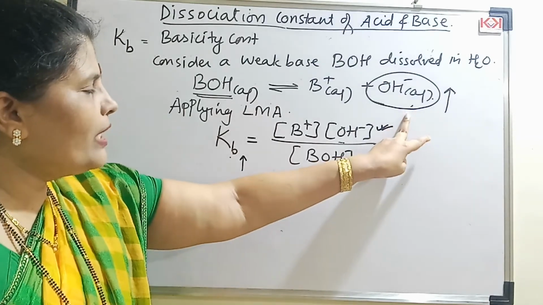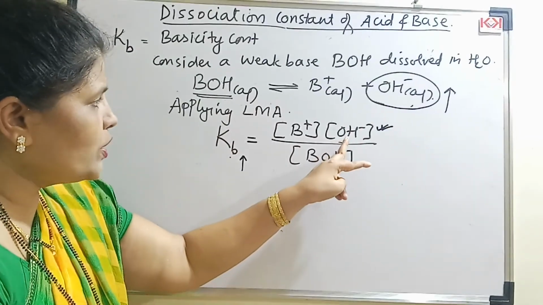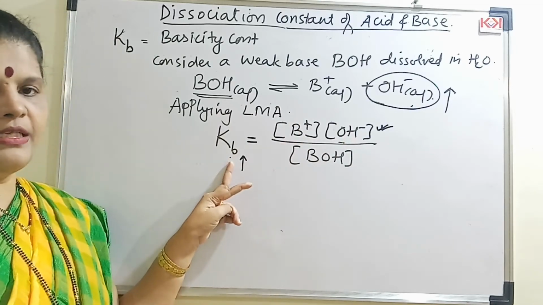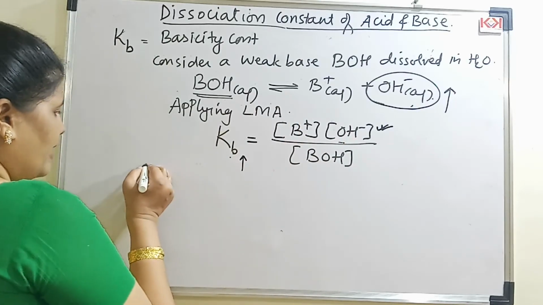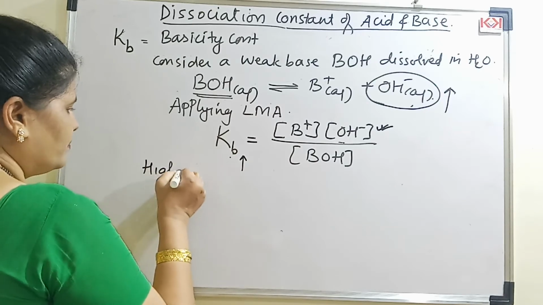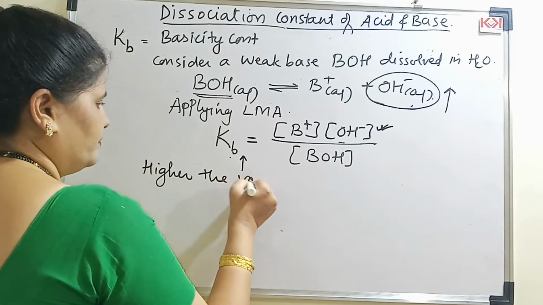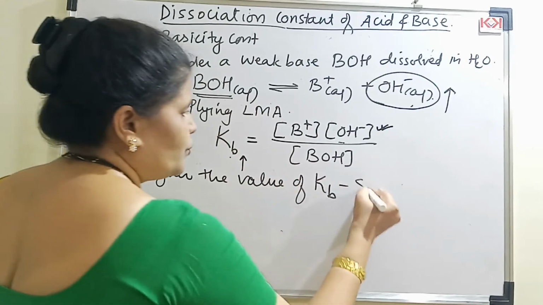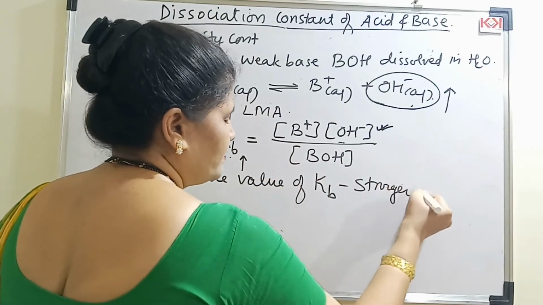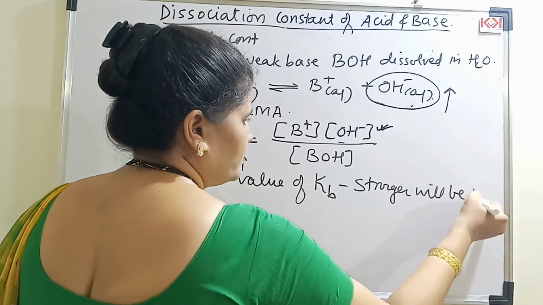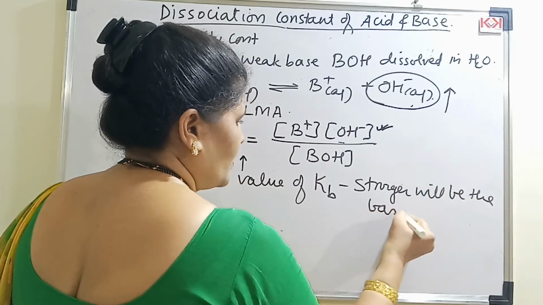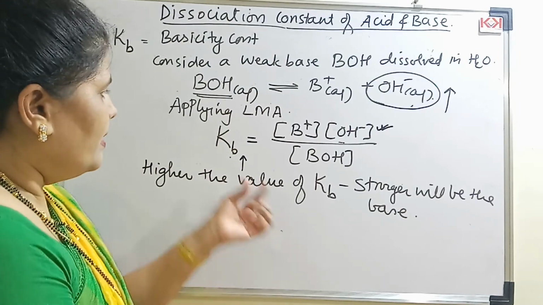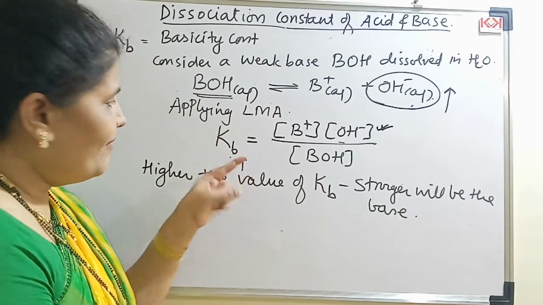When you get more OH minus ions, this concentration will increase, increasing the value of basicity constant. So again, higher the value of basicity constant, stronger will be the base. Very important.